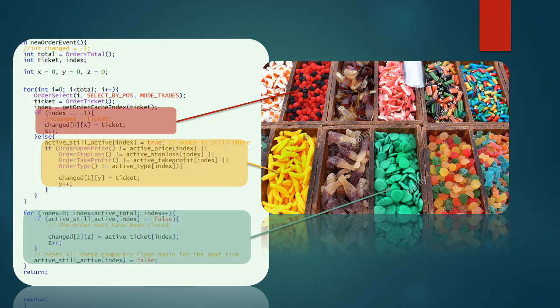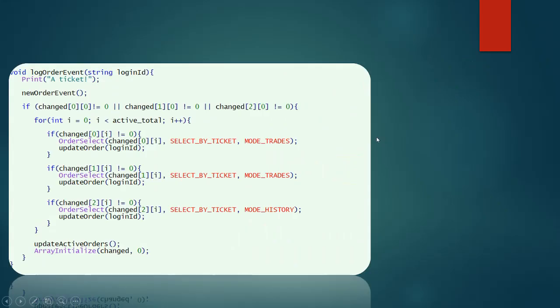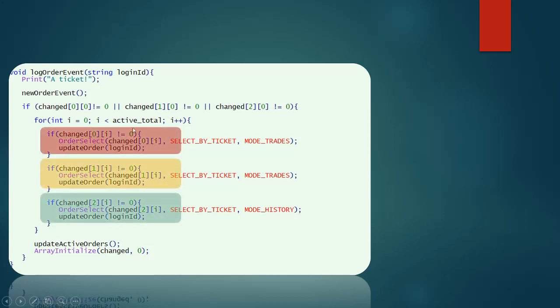So when the OnTick function loads, that means during that time our detect order event function also loads. So we can load all these changes into the complex box, and then we can use this complex box to return them to different parts.